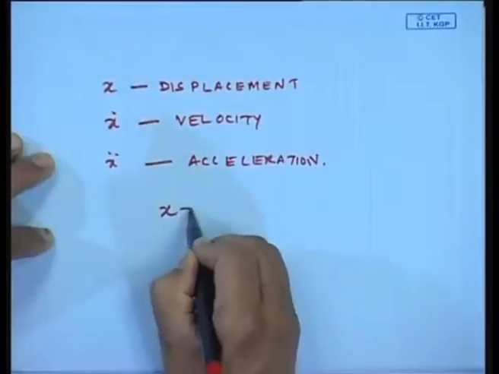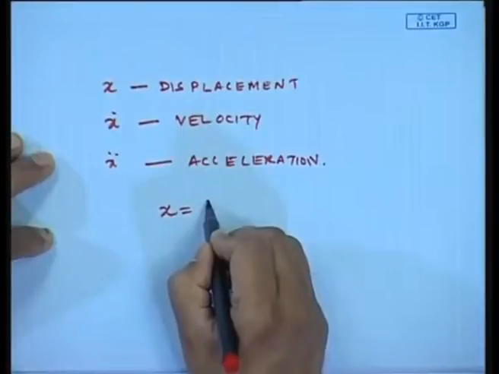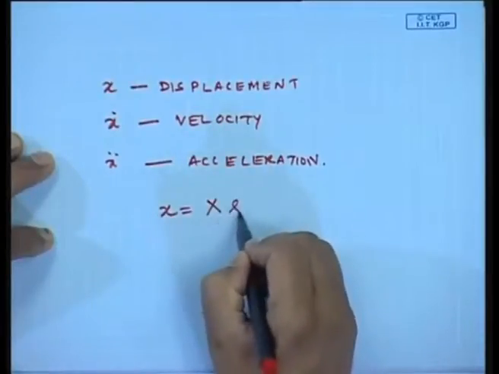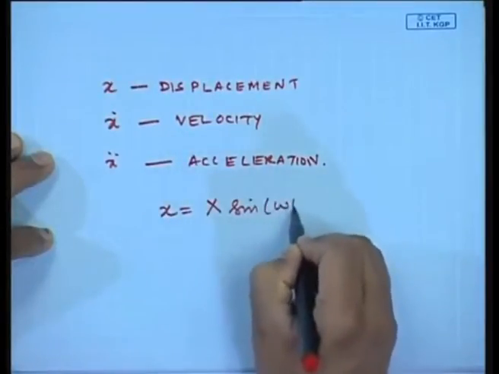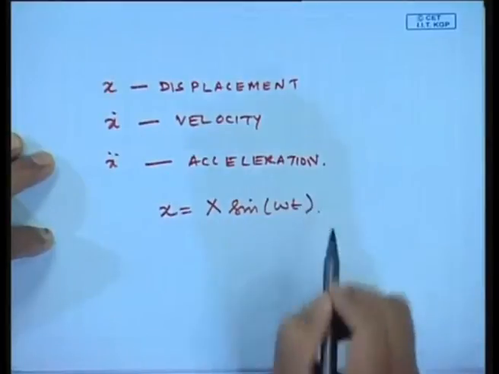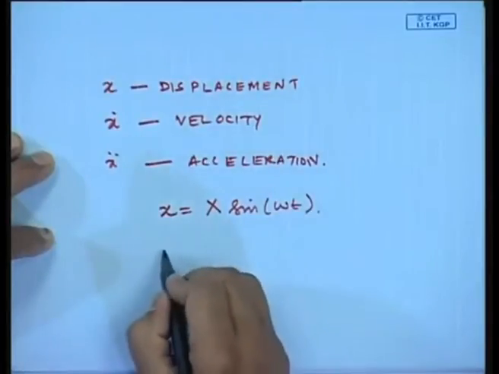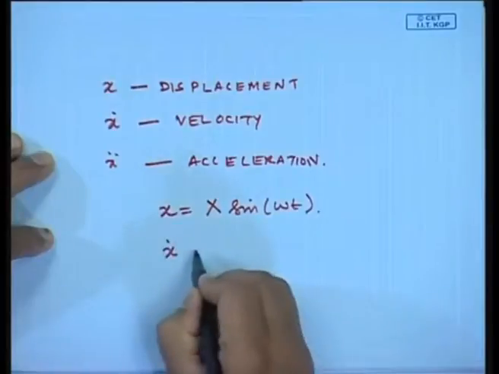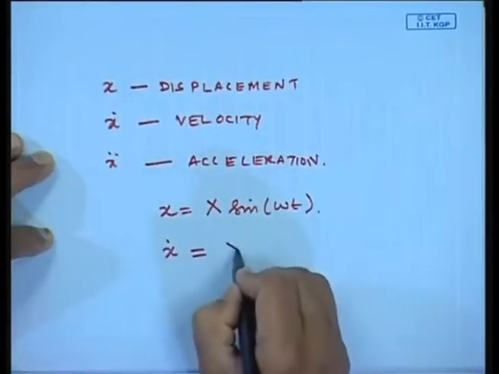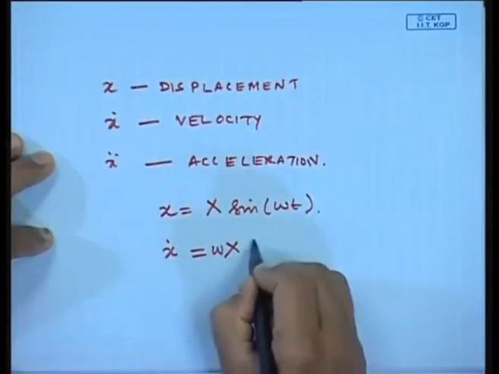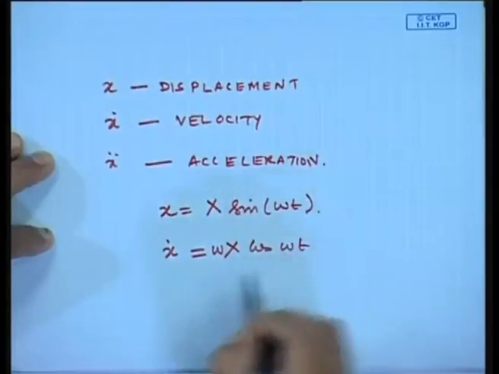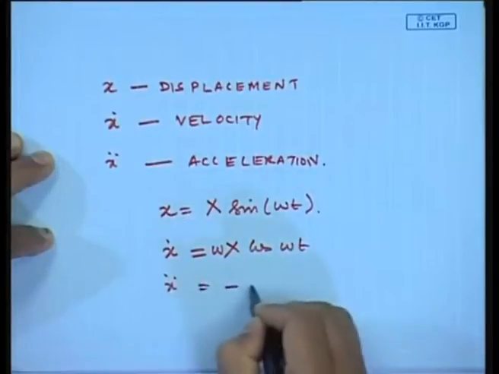If I assume that x is of the form x sine omega t, I can very well find out the displacement, the velocity, and the acceleration.